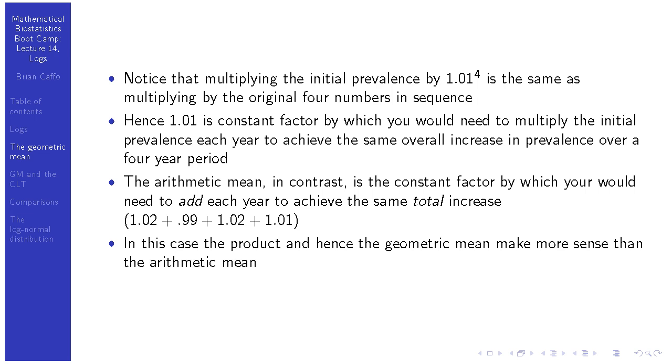So 1.01 is the constant factor by which you would need to multiply the initial prevalence each year to achieve the same overall increase or decrease in prevalence over a 4-year period. Take that in contrast to the arithmetic mean, which is the amount you would have to add to achieve the same total increase. And in this case, it's clear, to me at least, that the geometric mean makes a lot more sense to talk about than the arithmetic mean.